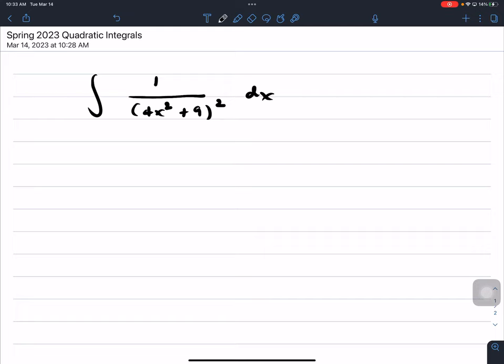So, we're just going to try to talk a little bit about some of these quadratic integrals. And let's see how you handle some.